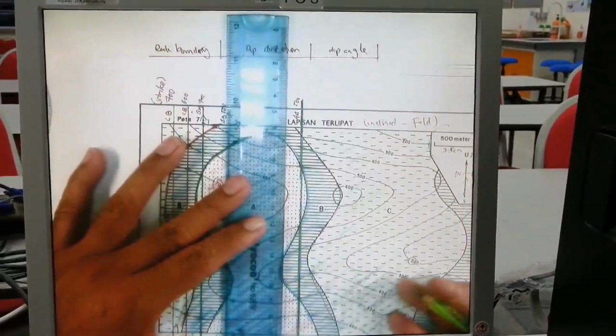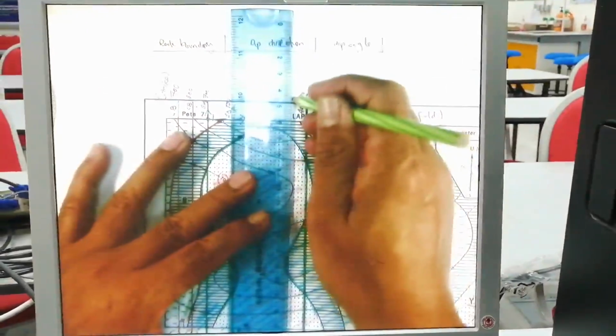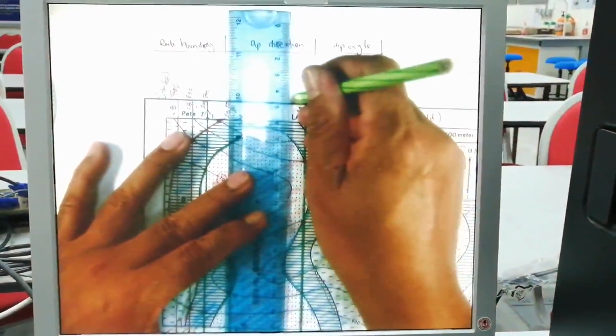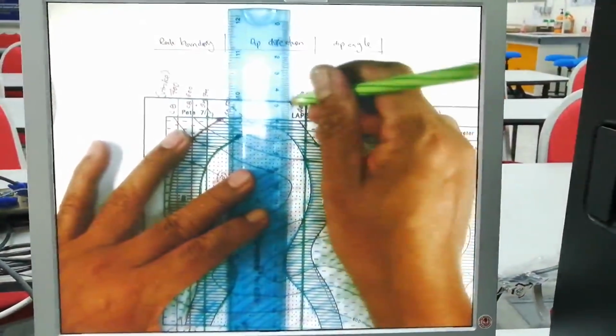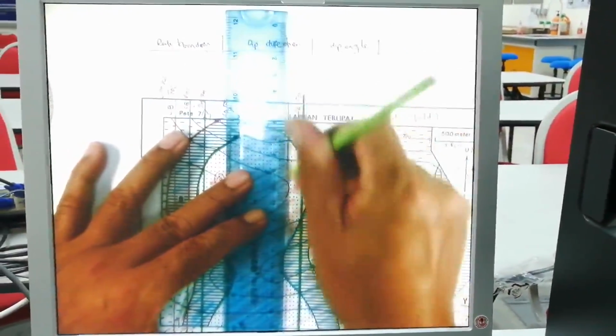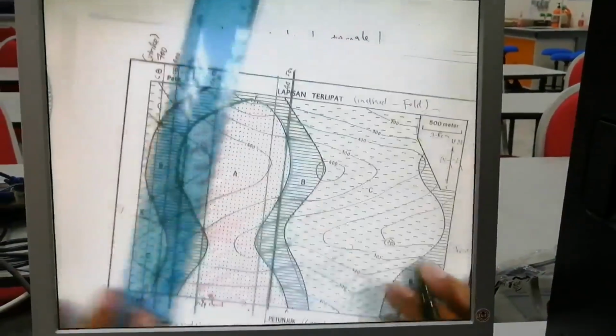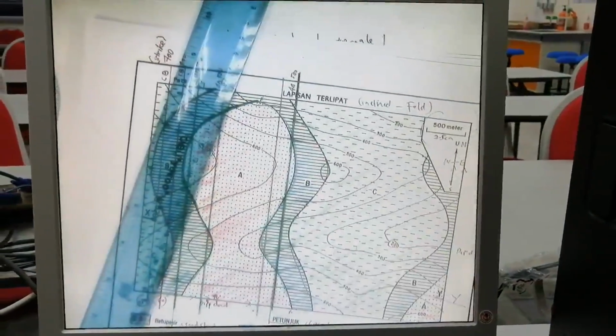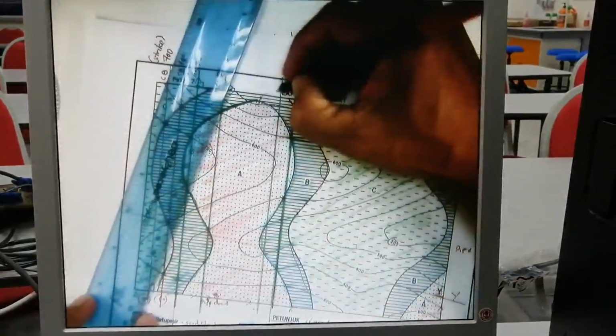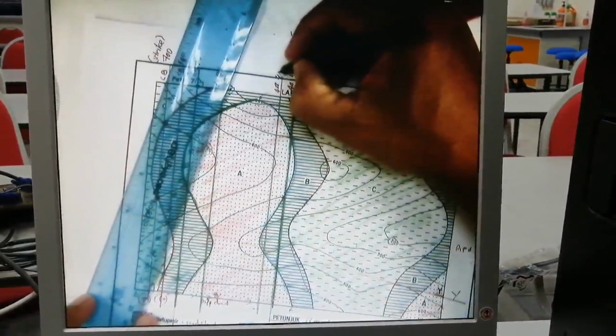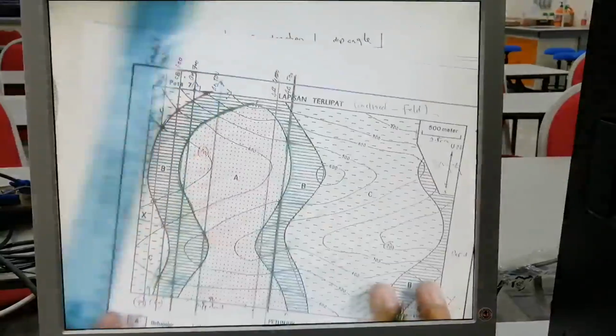Make it parallel. So another line here. So let's say for example here is AB 400. AB 400. So now it's different.